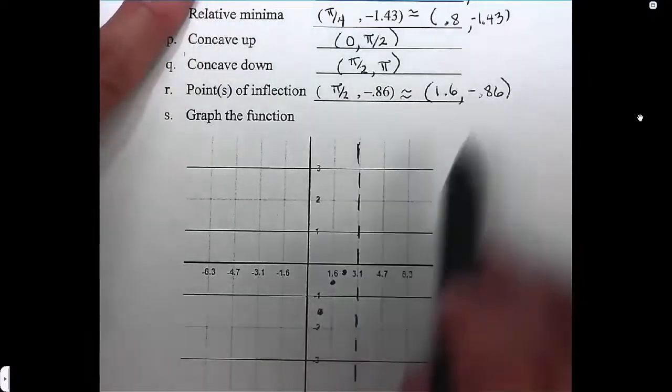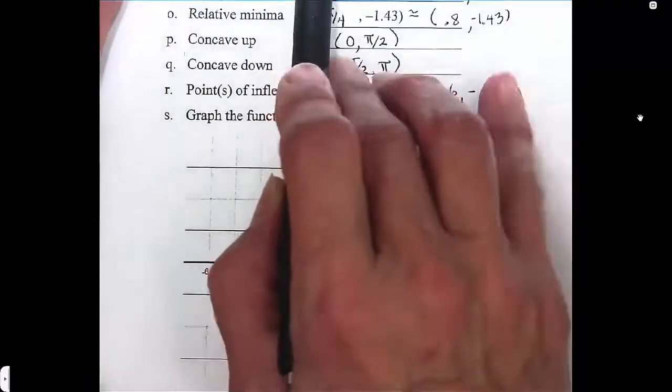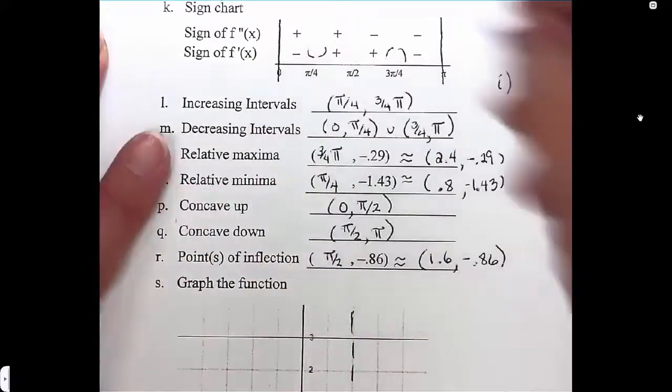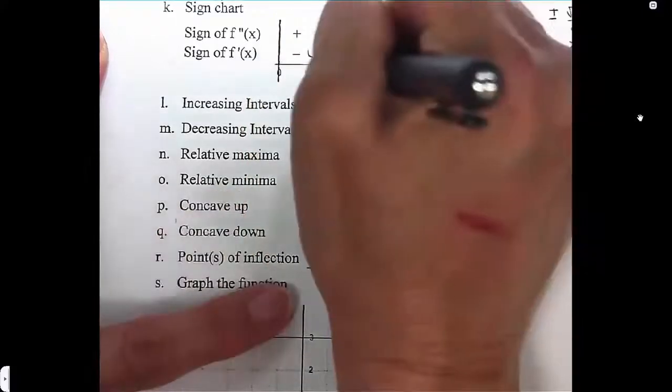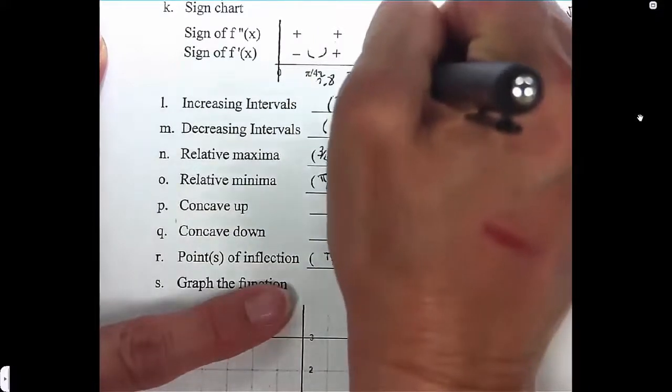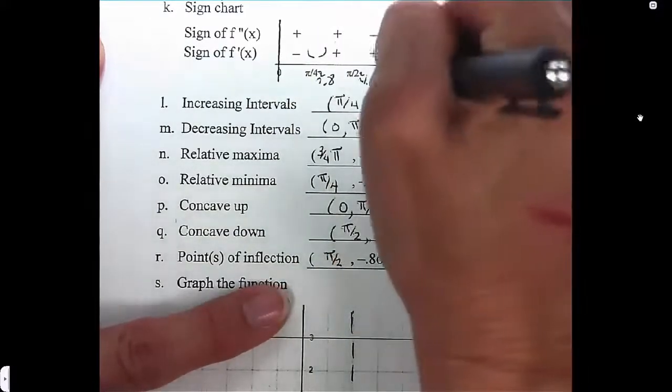All right, from 0 to pi over 4. And I'm going to come up here on my sign chart and say pi over 4 is about 0.8. Pi over 2 is about 1.6. And 3/4 pi is about 2.4.